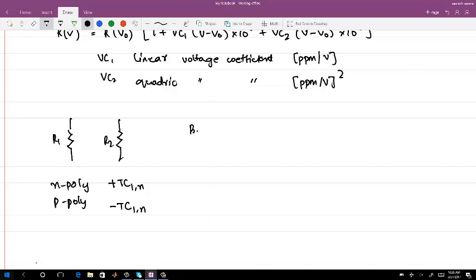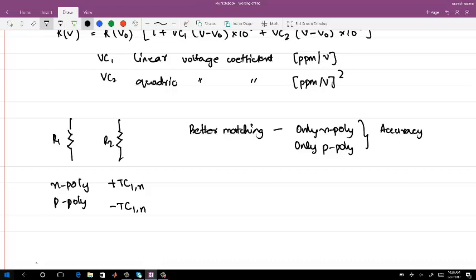If I am looking for better matching, in that case I use only N poly or only P poly. Okay, and then I will look in between them. I may look for which has a smaller area, higher density, or which has more accuracy in those parts. Accuracy, density, I will look for the other parameters.